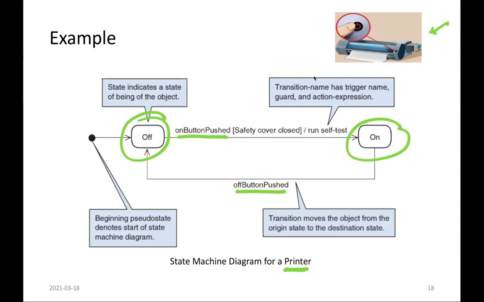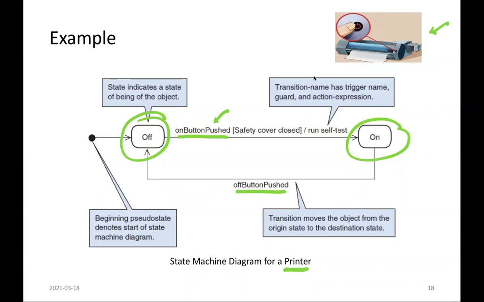If we click the on button, this is the trigger. And once we trigger, we have a guard. I'm going to give you more details about the definition of each of those next. Then once we identify the guard, or the condition, we also list the effect of the transition.